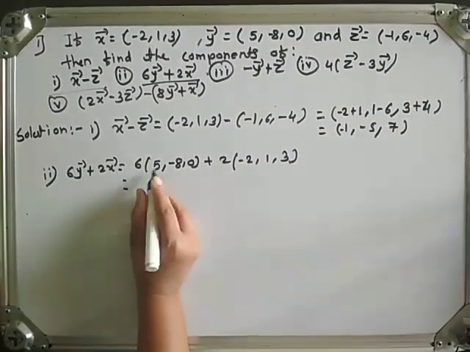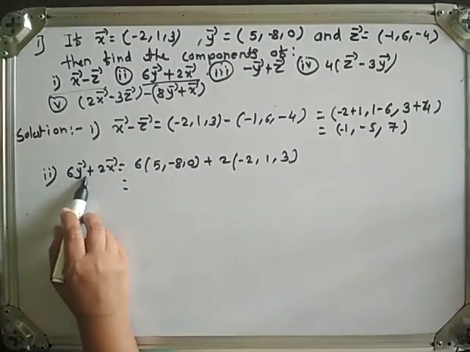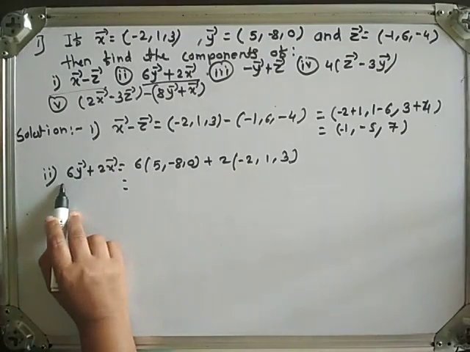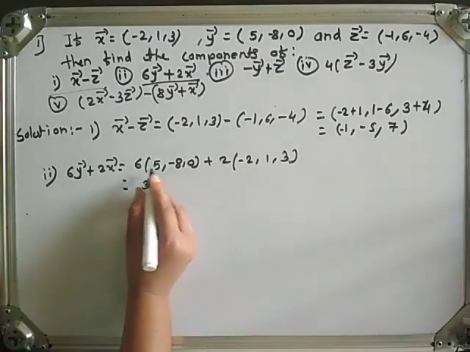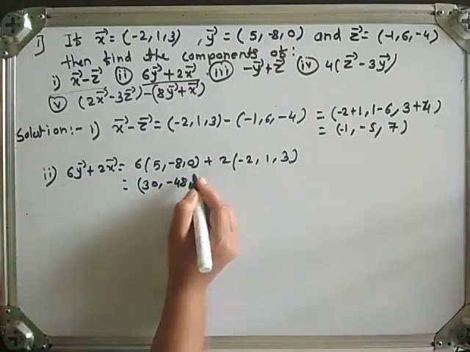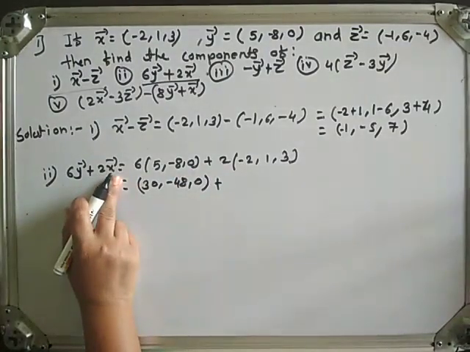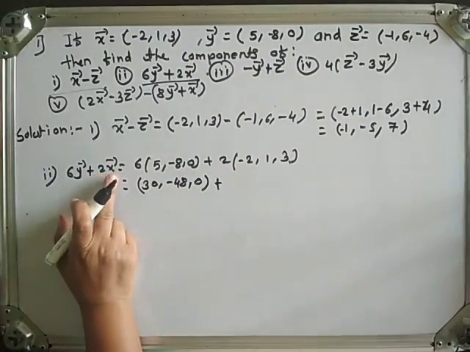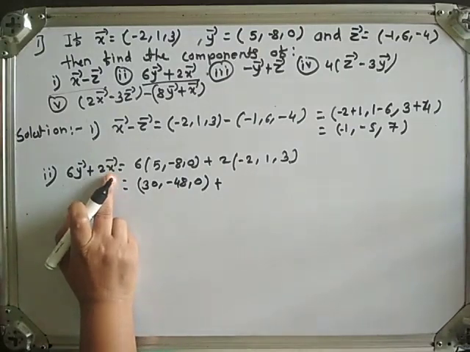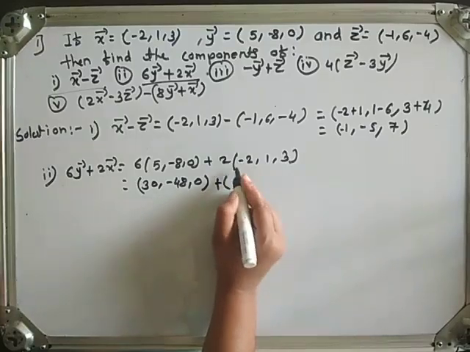Here 6 into y bar means you have to multiply each component of y bar by 6. Therefore 6 into 5 is 30, 6 into -8 is -48, 6 into 0 is 0, plus 2 into x bar means you have to multiply each component of x bar by 2.